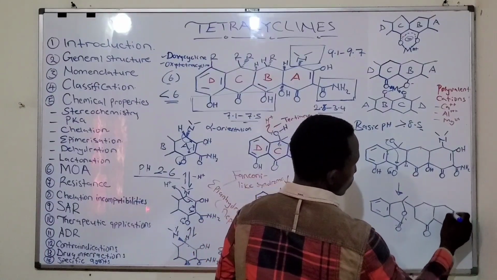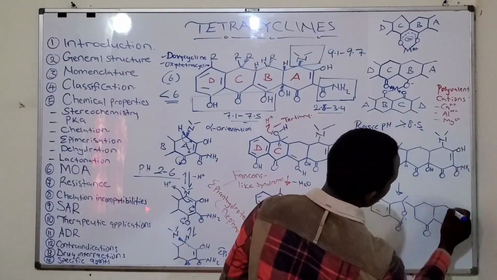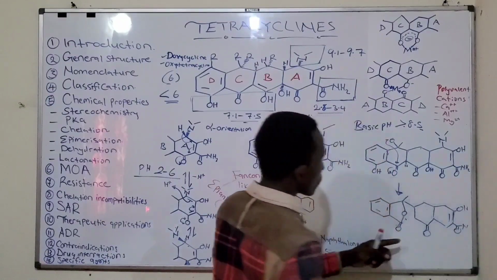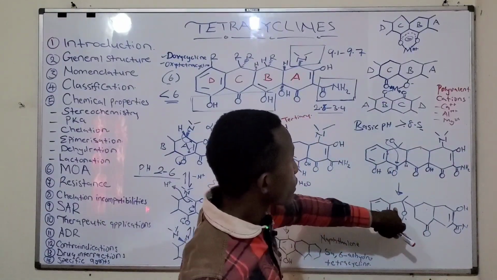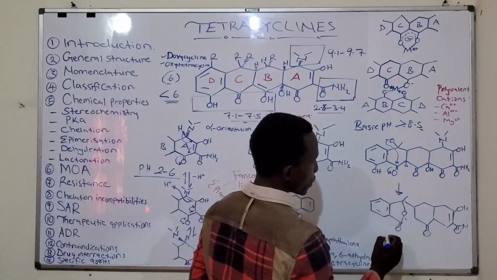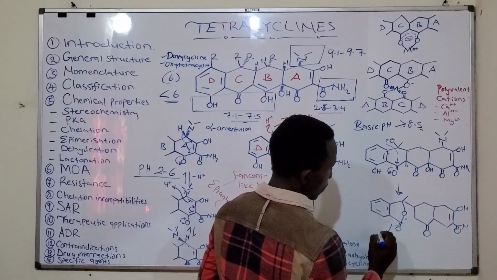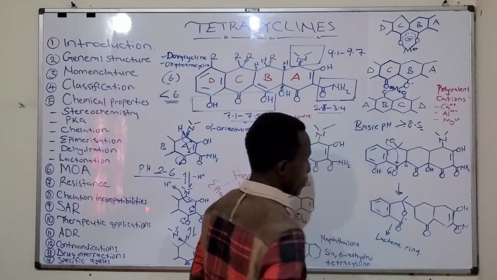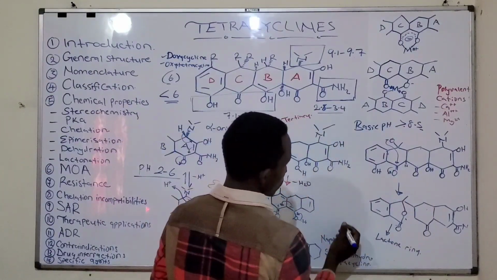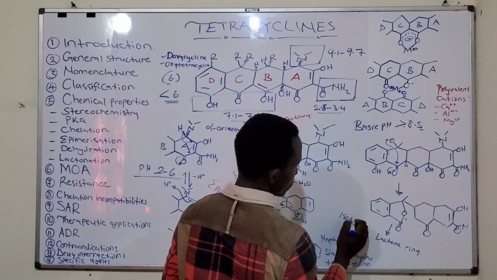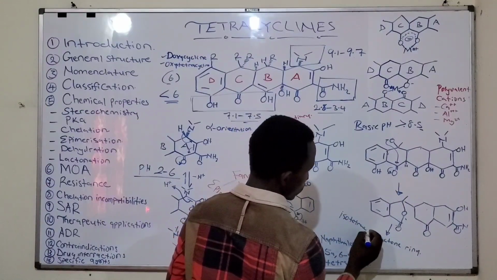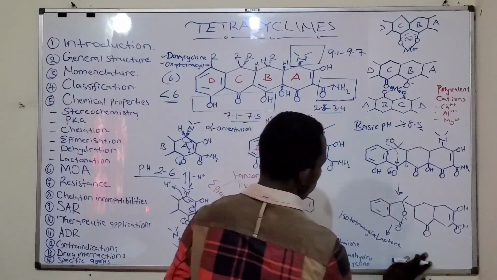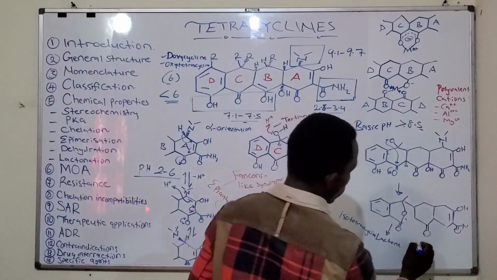Other groups will remain, but the change will be on ring C. So this is the lactone ring. So we form the lactone ring. This one is called isotetracycline lactone.